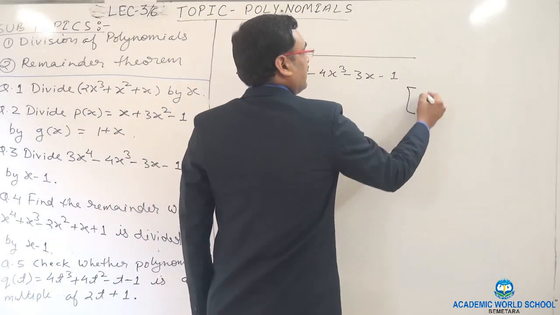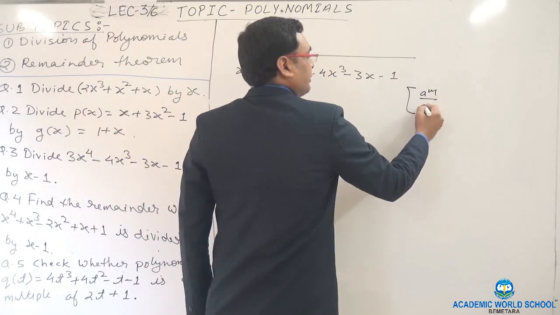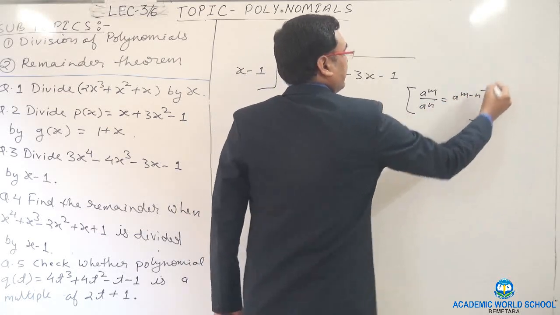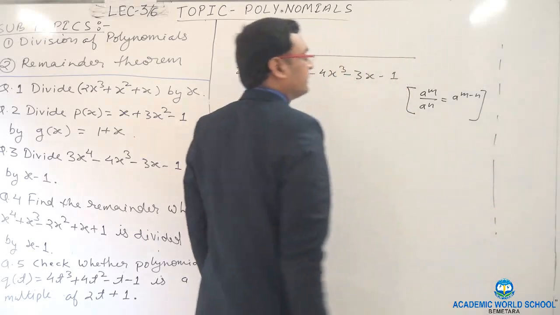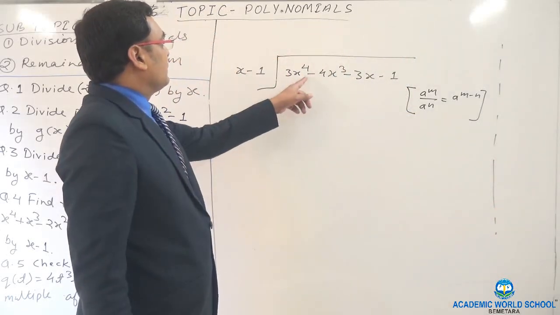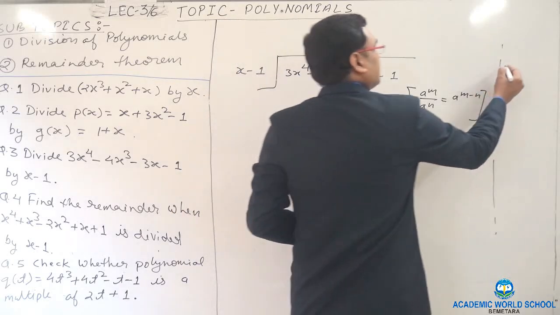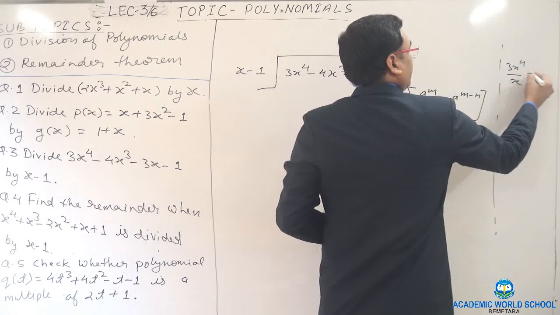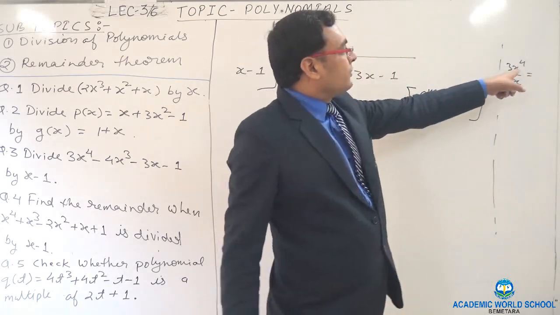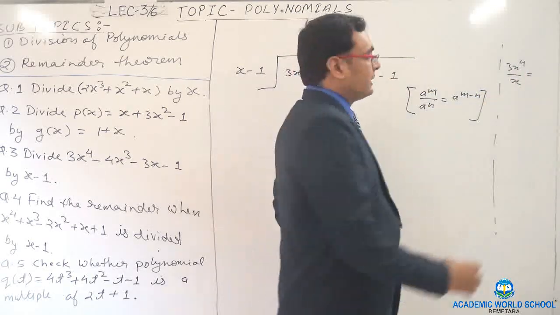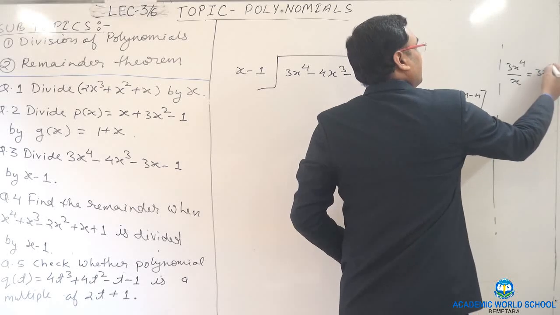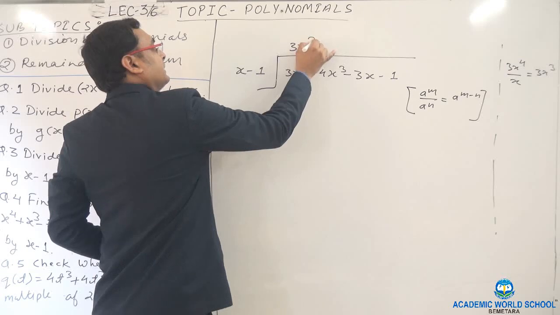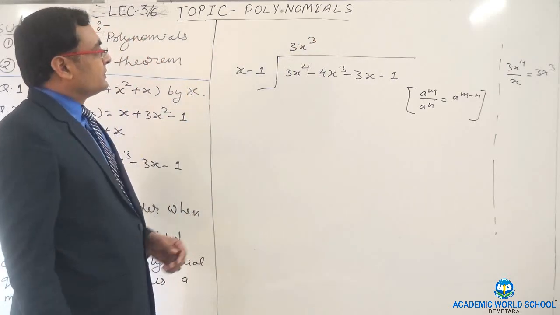The same formula, a to the power m divided by a to the power n is equal to a to the power m minus n. 3x to the power 4 divided by x, when you solve this, x to the power 4 minus 1, you will get 3x to the power 3. So write it here in the quotient part, 3x cubed.